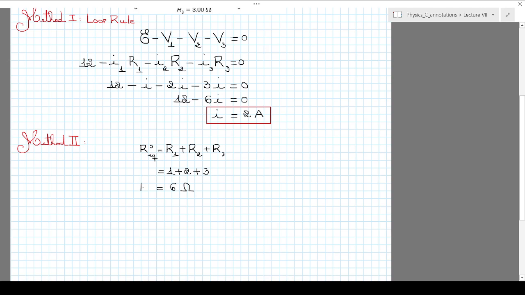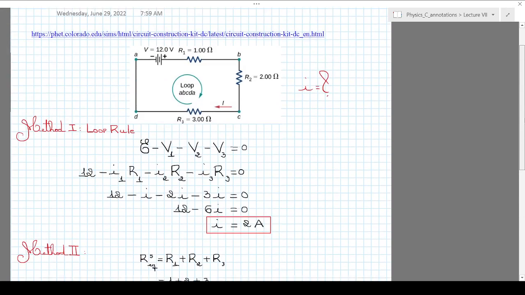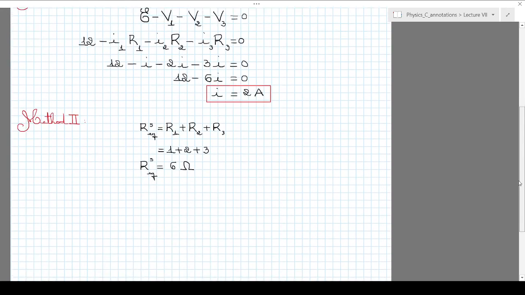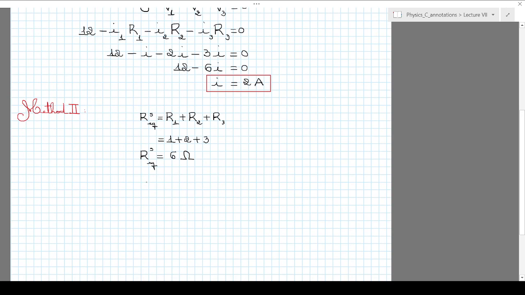And then here you just have to apply Ohm's law again. So we have the electromotive force equal to the equivalent resistance times the current flowing through this circuit.